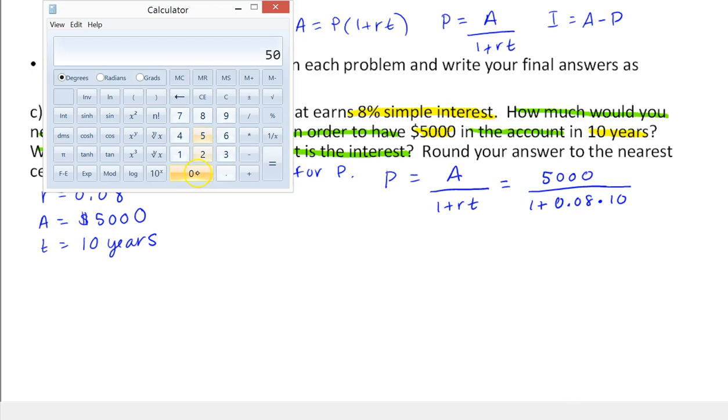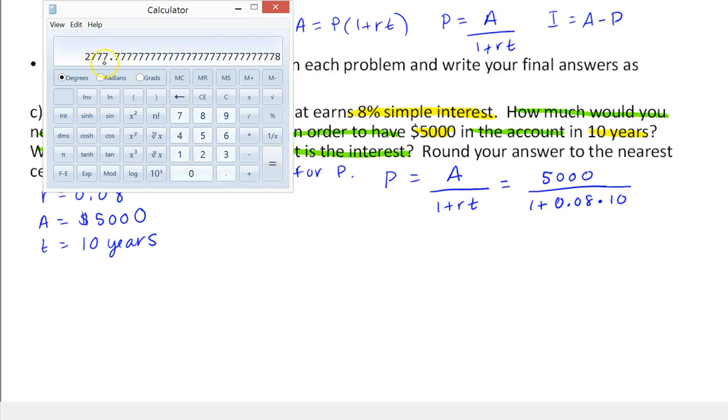So 5,000 divided by parentheses 1 plus 0.08 times 10. Close the parentheses, and I'm looking up here just to check that, and it looks good. And make sure you hit equals. This is actually the result of the bottom.